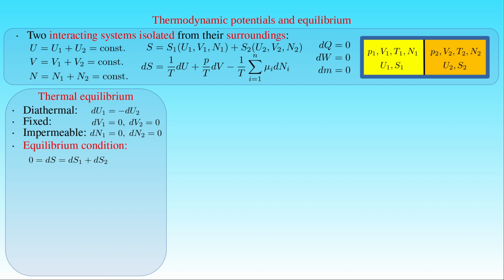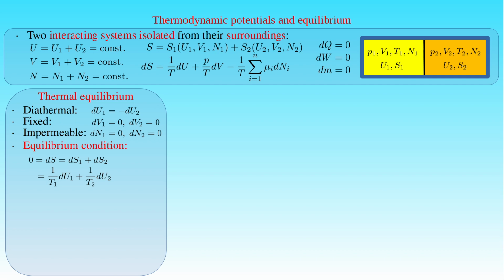Since the total entropy is the sum of the entropies of the subsystems, dS is equal to the sum of the differentials of the entropies S1 and S2. By applying the fundamental relation for each subsystem and taking into account that the differentials of their volumes V1 and V2, and their numbers of particles N1 and N2 vanish, we can write that the sum is equal to 1 over the temperature T1 of the first subsystem times the differential of its internal energy U1, plus 1 over the temperature T2 of the second subsystem times the differential of its internal energy U2.